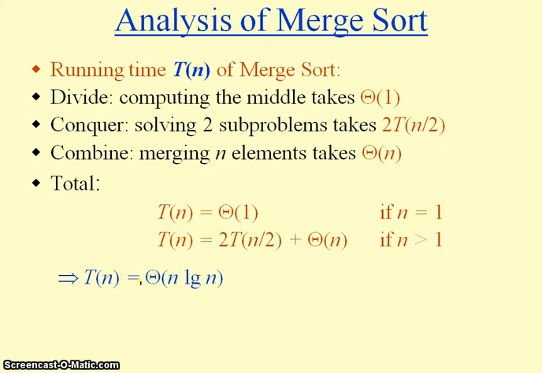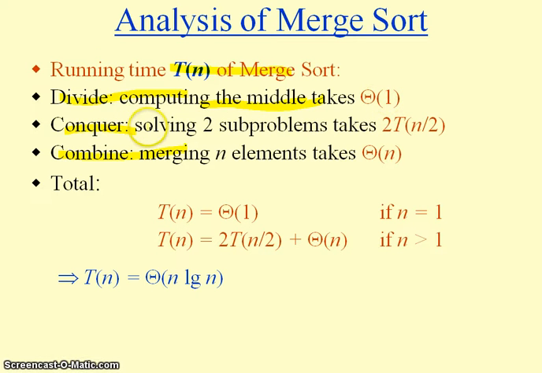The analysis of merge sort. Let T of n be the runtime of merge sort, and we are going to solve the problem in three stages: divide, conquer and combine. In the divide stage, dividing the original list into two halves takes theta of 1 time.